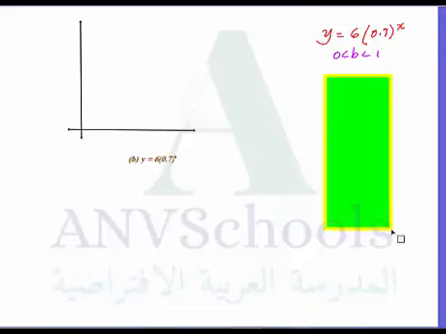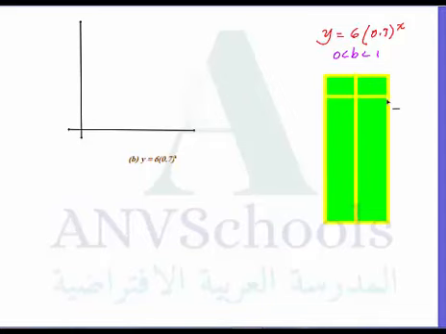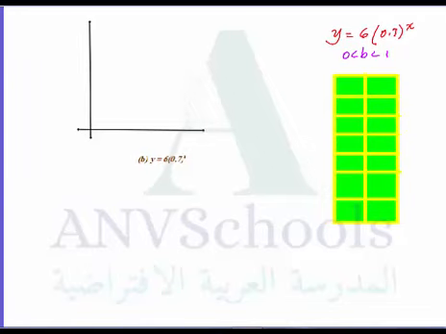Let's do it like this. One, 2, 3, 4, 5, 6. We have our x and y values. So this is my x and my y would be here. And I will get the same values for x that I used previously: 0, 1, 2, 3, 4, 5. Now you have your calculator.